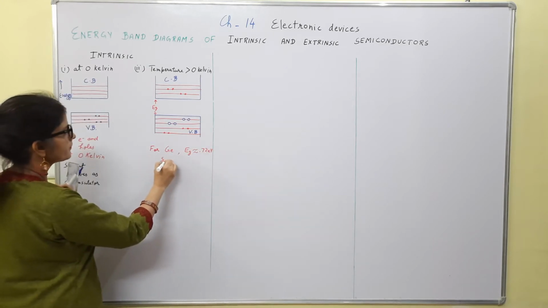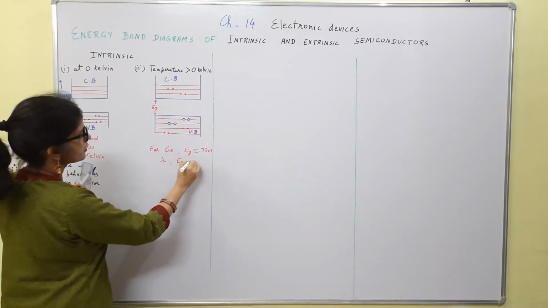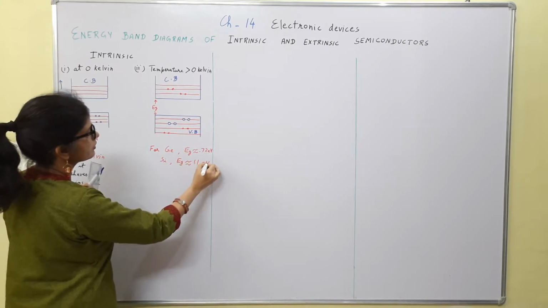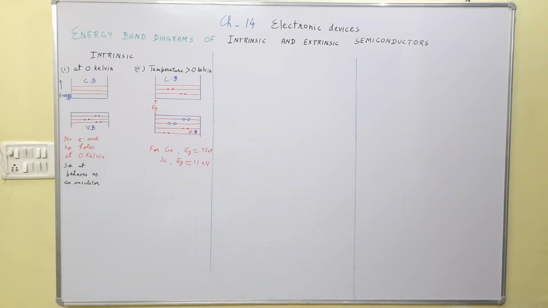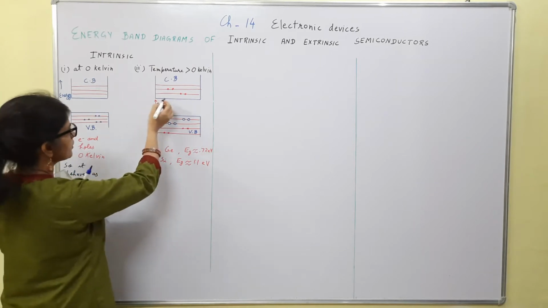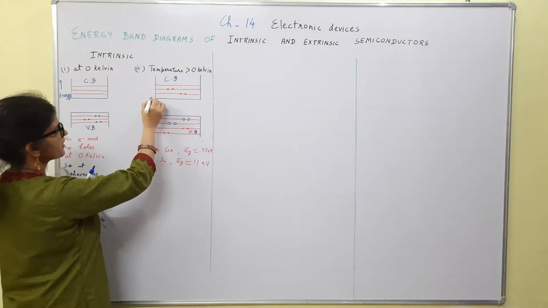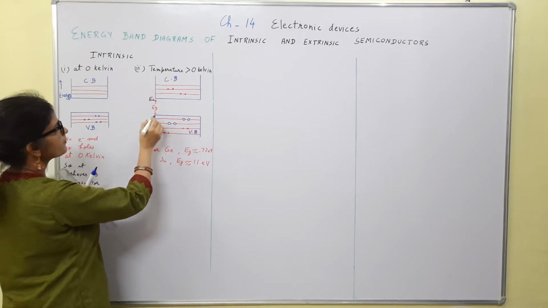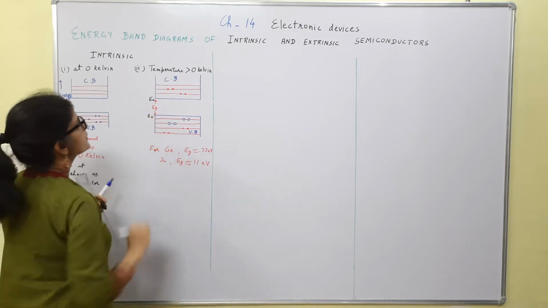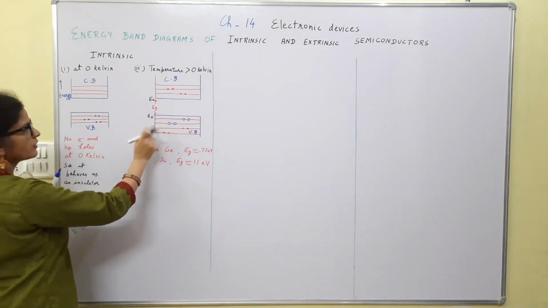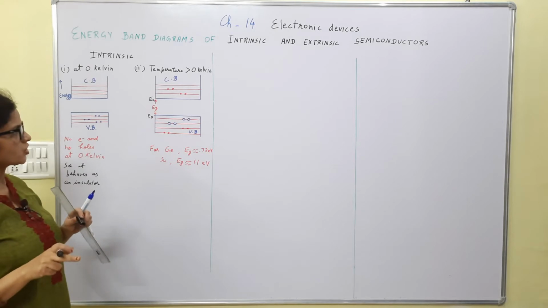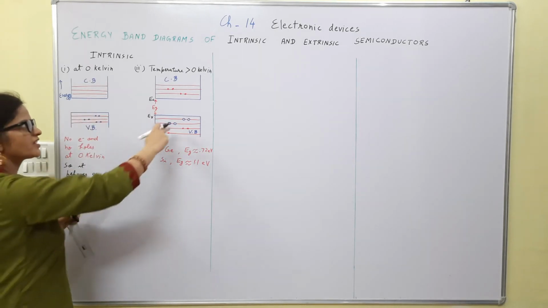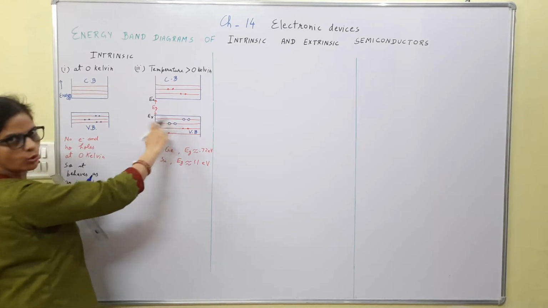And for silicon, this is nearly equal to 1.1 electron volt. So this lowest energy of the conduction band is represented by EC. This is the energy of the valence band. So when the electrons in the valence band get sufficient energy at room temperature to cross the energy gap, then these electrons reach the conduction band, creating holes in place of this.